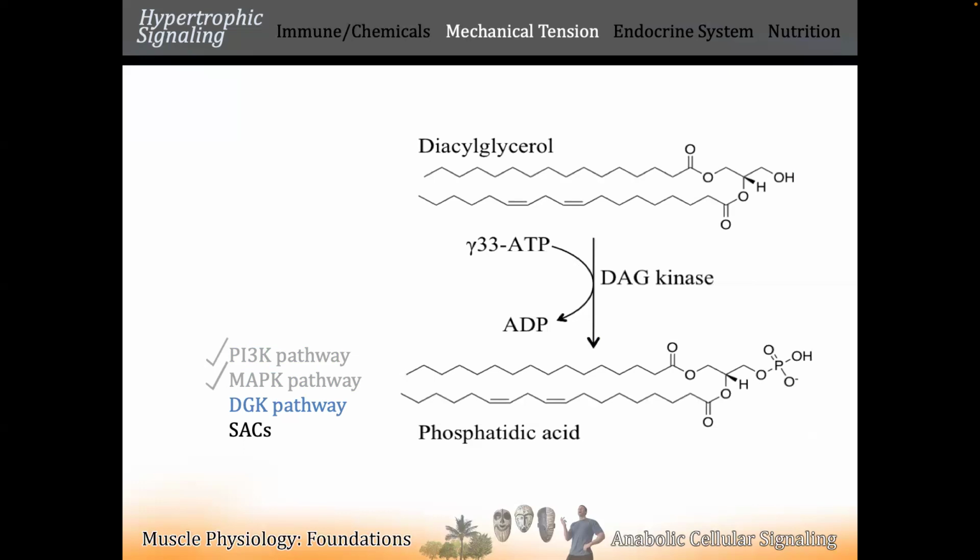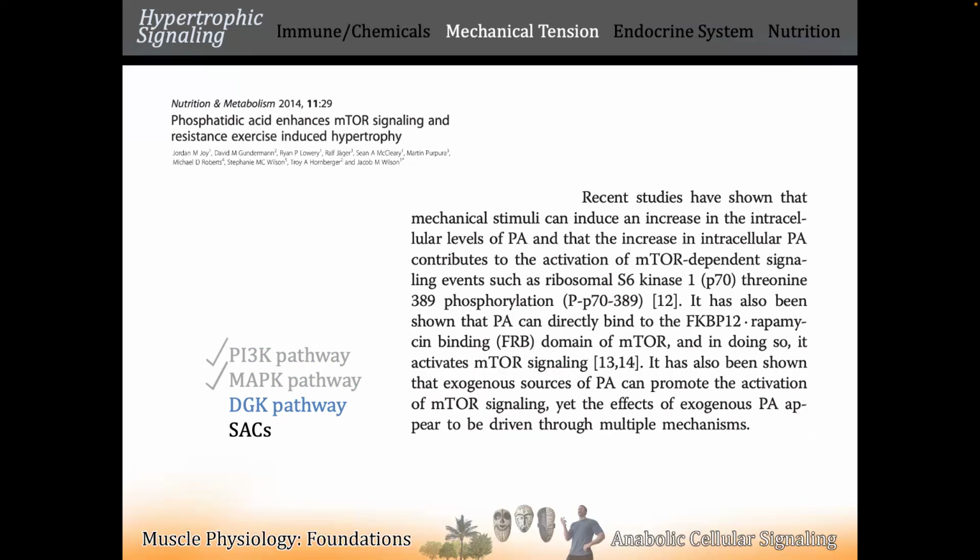So with a lot of eccentric loading, you're going to see an increase in phosphatidic acid, PA, content within muscle cells. And then PA activates mTOR and increases the hypertrophic response to exercise. There are a couple of mechanisms of how phosphatidic acid can activate mTOR, including binding to the FKBP12 domain where rapamycin binds.